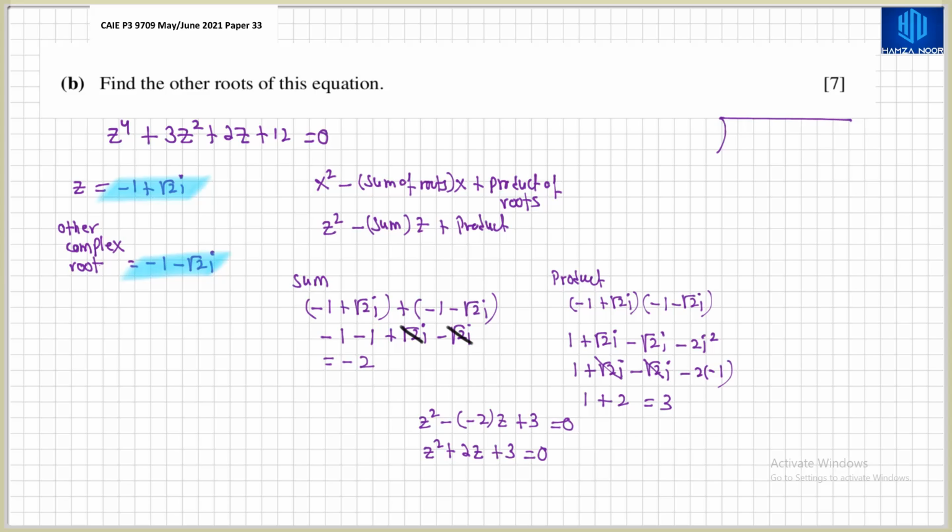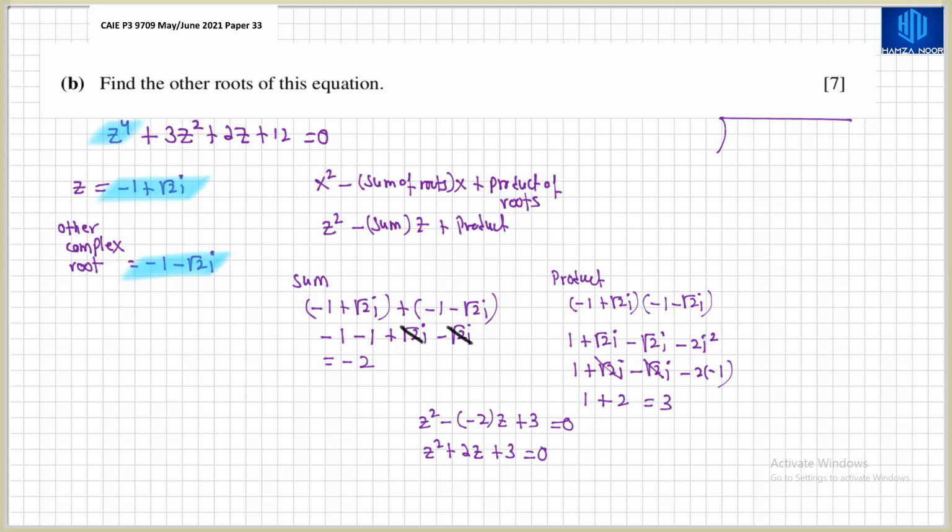But you need to make sure to write the terms in the correct sequence when doing long division. In this case, after the z raised to the power 4 term, the z cube term is not given to us, and you need to follow the strict sequence.